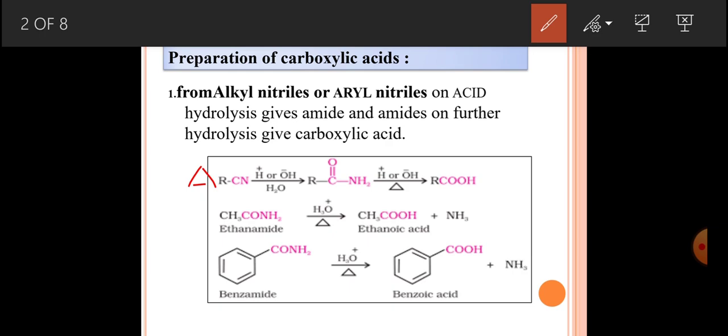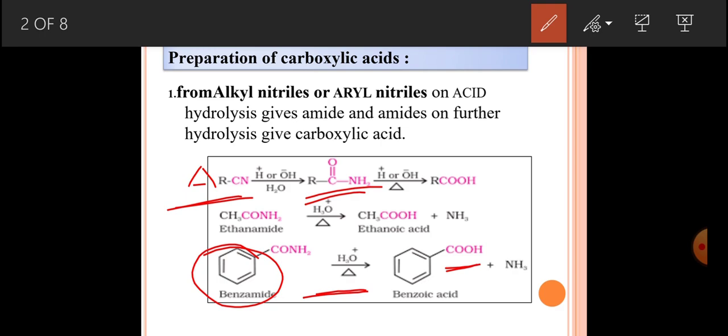Ar dash CN, aryl nitrile. Hydrolysis gives aryl amide. Okay, so what is aryl amide? The aryl ring is here, that is the benzene ring, and CO NH2, that is nothing but benzamide. Okay, benzamide on hydrolysis gives what?